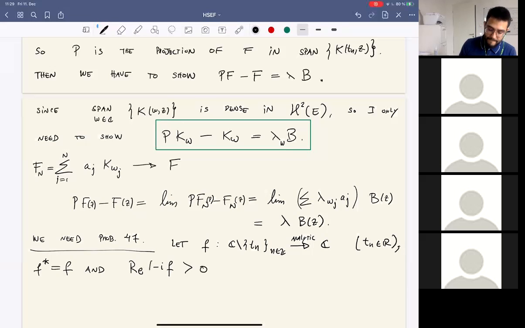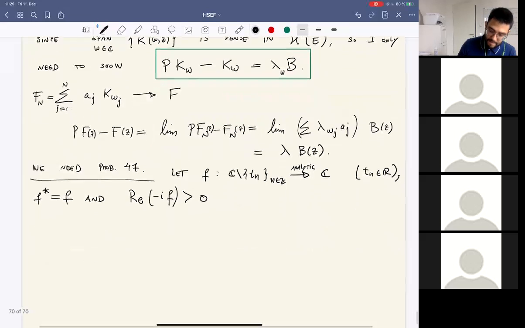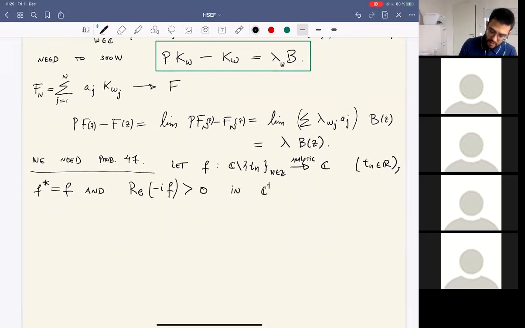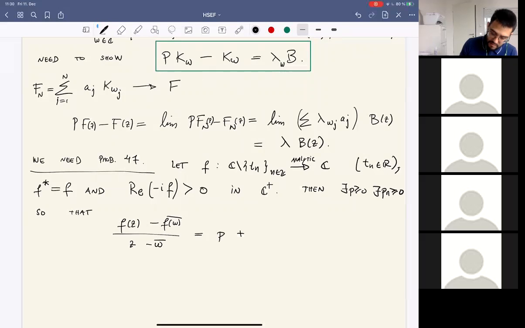in the upper half plane. Okay. Then there exist p_n greater or equal to 0, and p greater or equal to 0, so that (f of z minus f of w bar) divided by (z minus w bar) equals p plus the sum of p_n divided by (t_n minus z) times (t_n minus w bar).